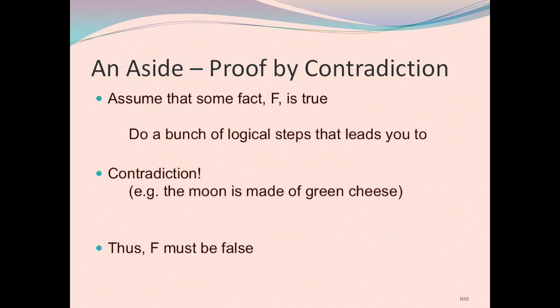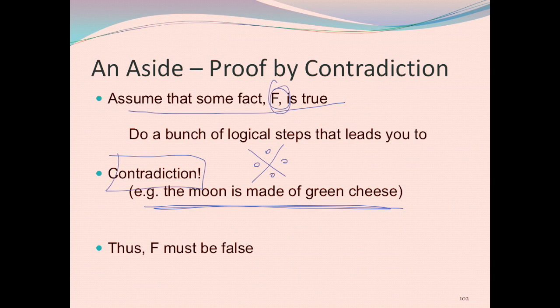All our proofs using the pumping lemma are going to be proofs by contradiction, which we talked about in the very first week of class. But just to remind you, how do we do proof by contradiction? We assume we've got some fact F. It's true. We do a bunch of smart things that lead you to a contradiction, and we draw it like this. Remember, it looks kind of like four arrowheads hitting together. Like, after we do all our great stuff, we discover that the moon is made of green cheese.